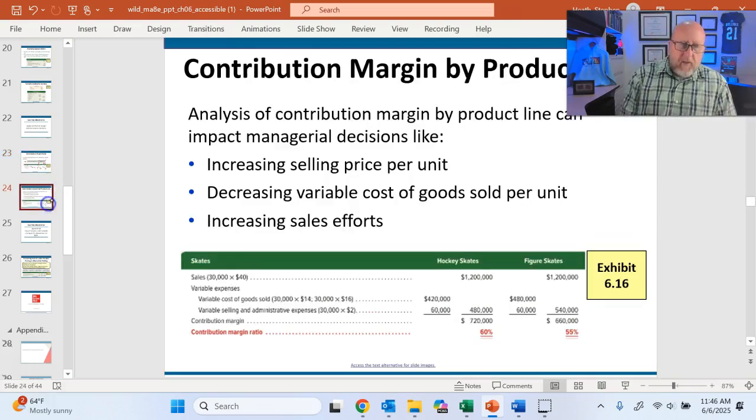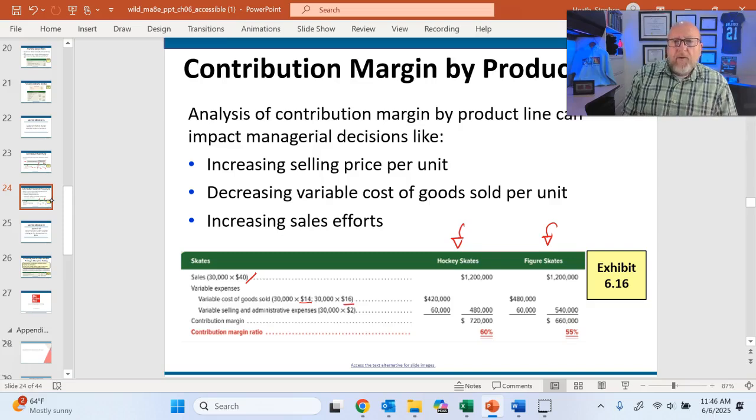Okay. Next example, we're selling hockey skates and figure skates. And it looks like, again, we're selling for the same price. The difference is in variable cost of goods sold. For hockey skates, we're paying $14 in variable manufacturing costs, whereas the figure skates are $16.